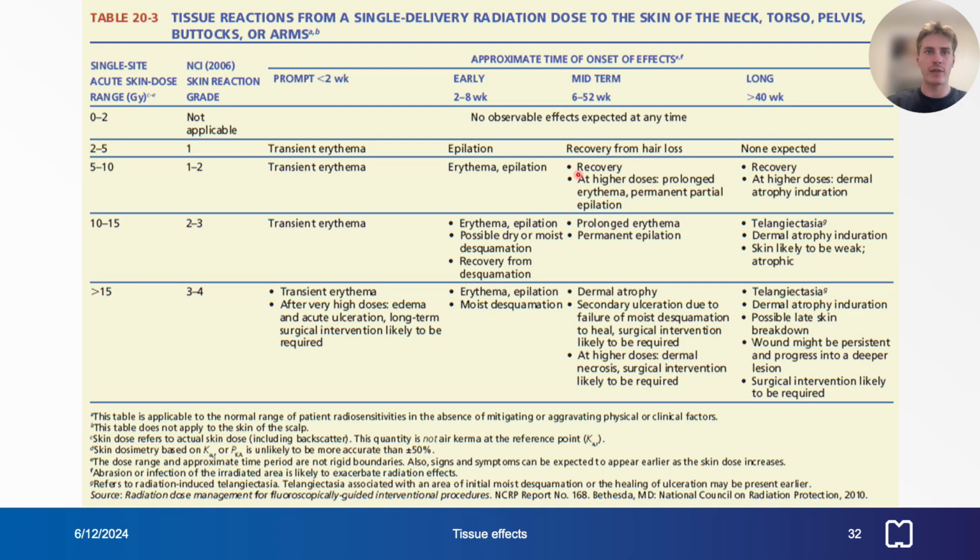This table indicates what tissue reactions can be expected following an acute skin dose. For example, temporary epilation can occur about 2 to 8 weeks after an exposure of 2 to 5 gray.